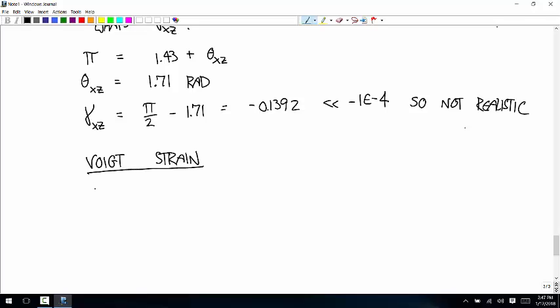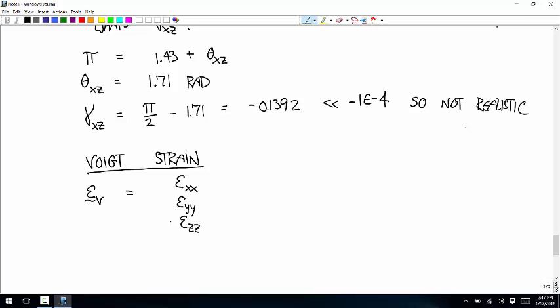And the way it works, epsilon sub v, the Voigt strain, is first list the normal strains in exactly the order you would think: epsilon xx, yy, zz. I'm not the one who came up with this format. Maybe there's some mathematical reason I don't know about.